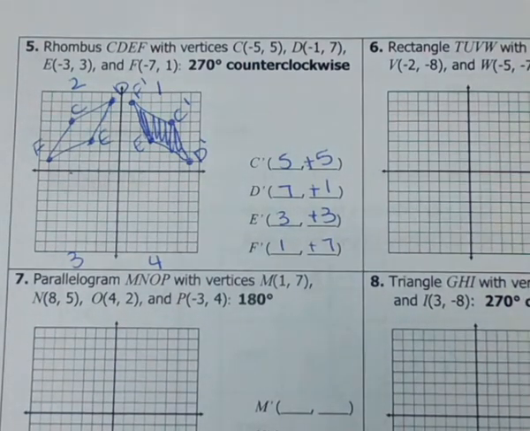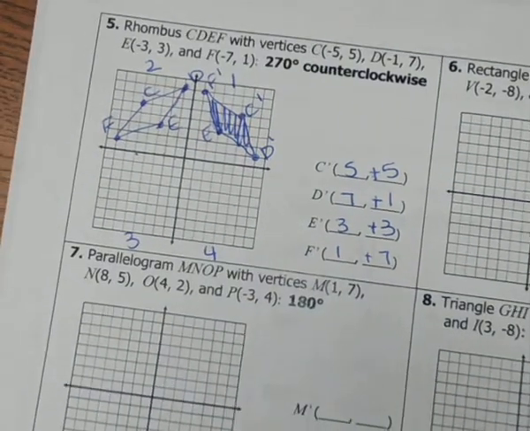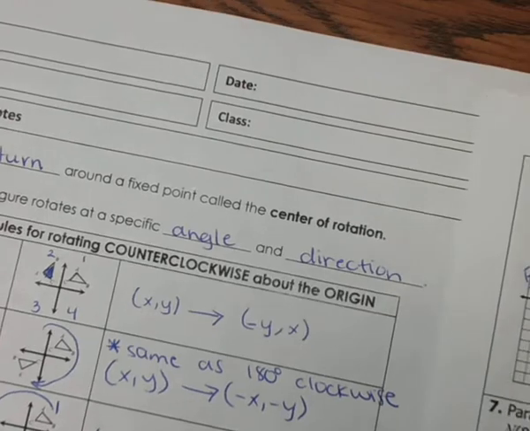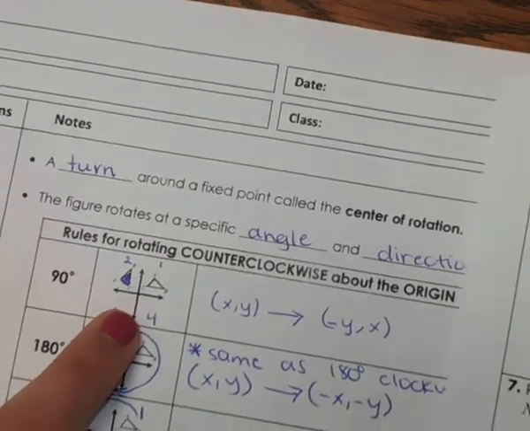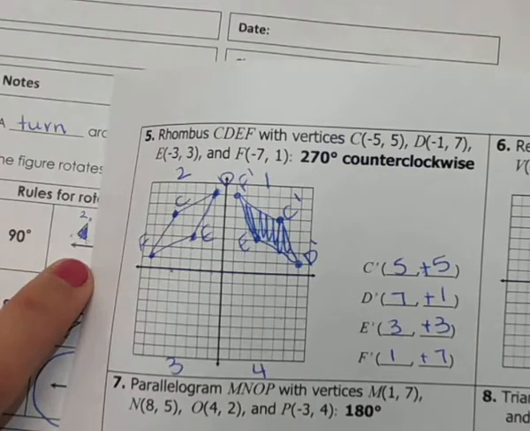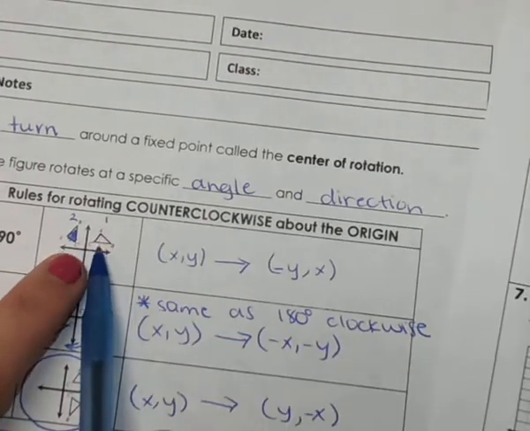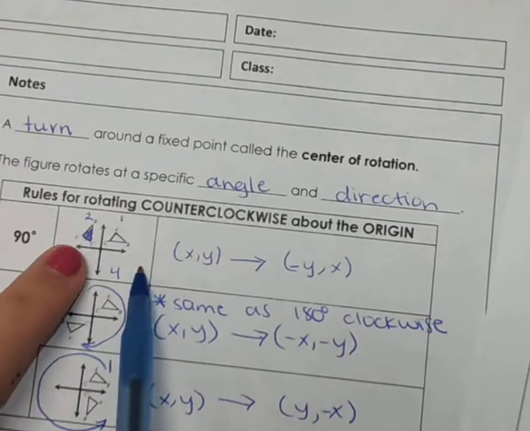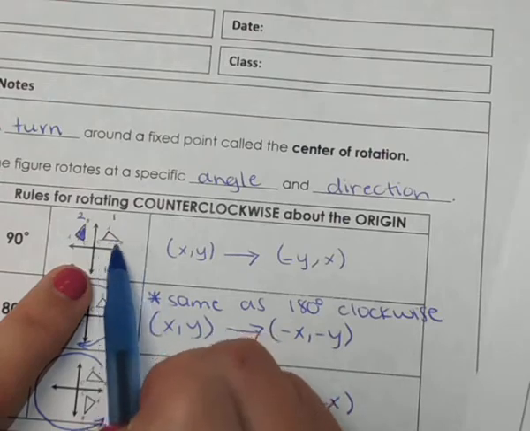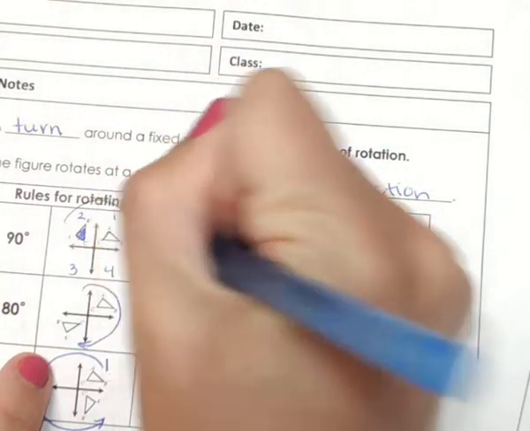All right, let's go back and look at the rules for clockwise. We'll use the same problem. Let's look at 90 degrees clockwise. We're going to compare it with number 5, the problem we just did. So looking at our rule, now we're looking at clockwise. To rotate an image in quadrant 1 clockwise, that's now going in this direction.